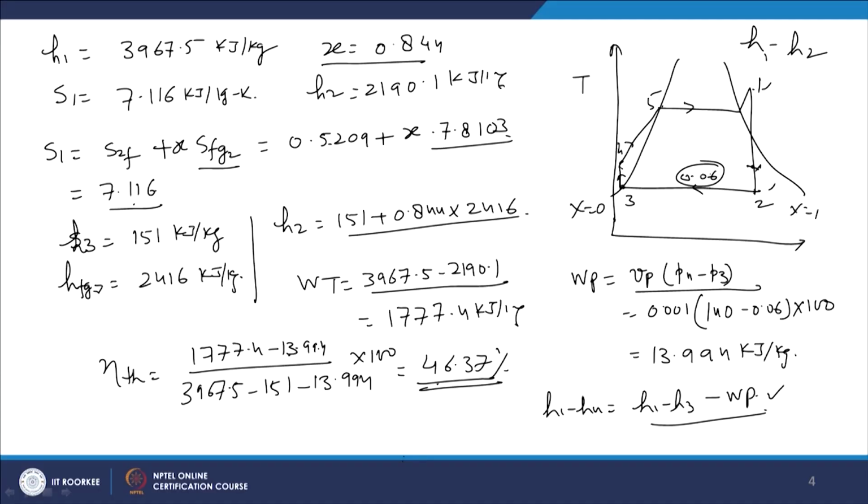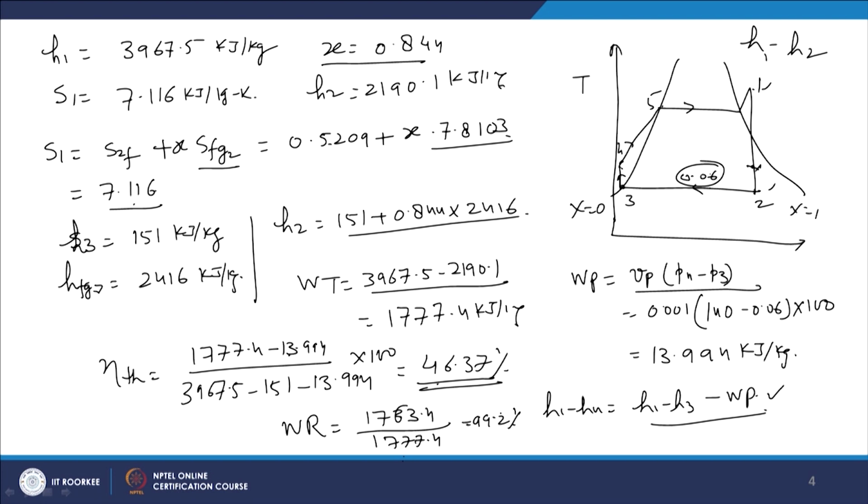When we talk about the work ratio, it is net output divided by the output of the turbine. So, the net output is 1777.4 minus 13.994, that is 1763.4, and the turbine output is 1777.4. It is 99.2%. It is quite high.